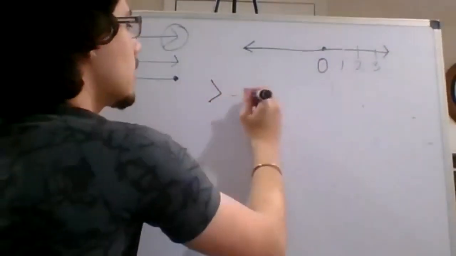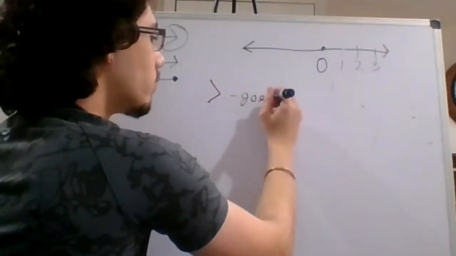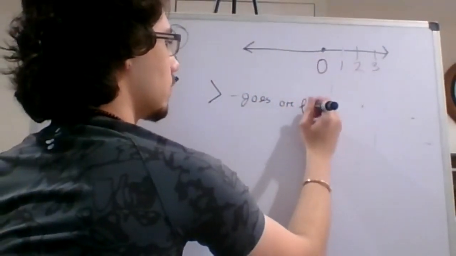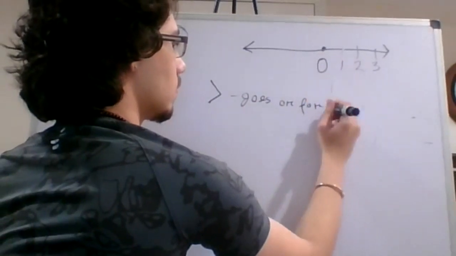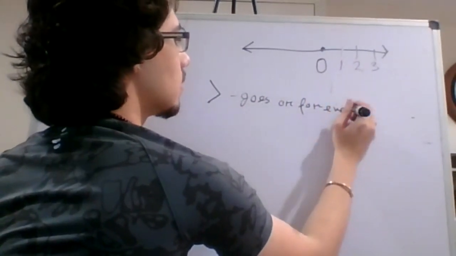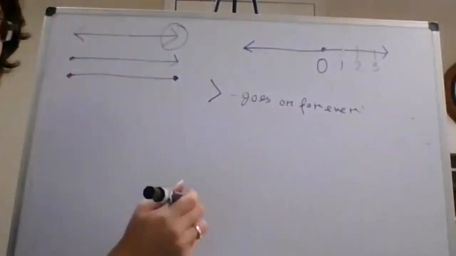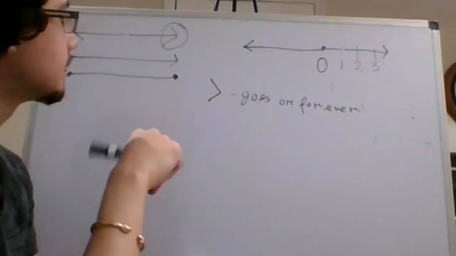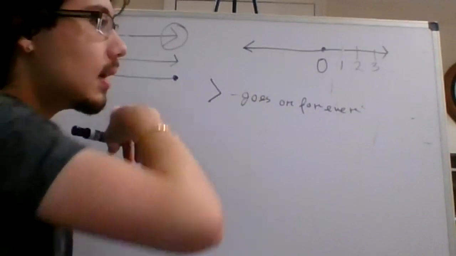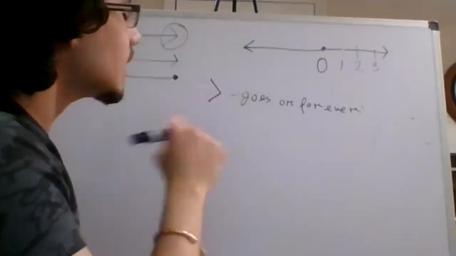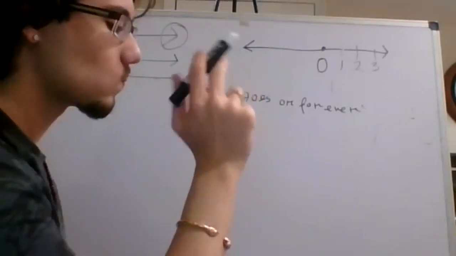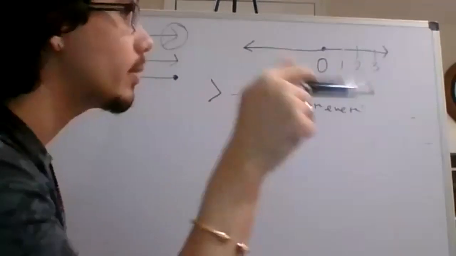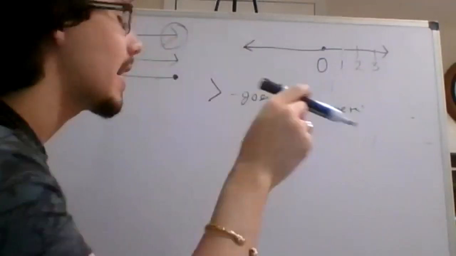So arrow means goes on forever. Excuse me, sir. Yes? Could those arrows mean positive or negative or like higher or lower? So that is what we would call a vector.